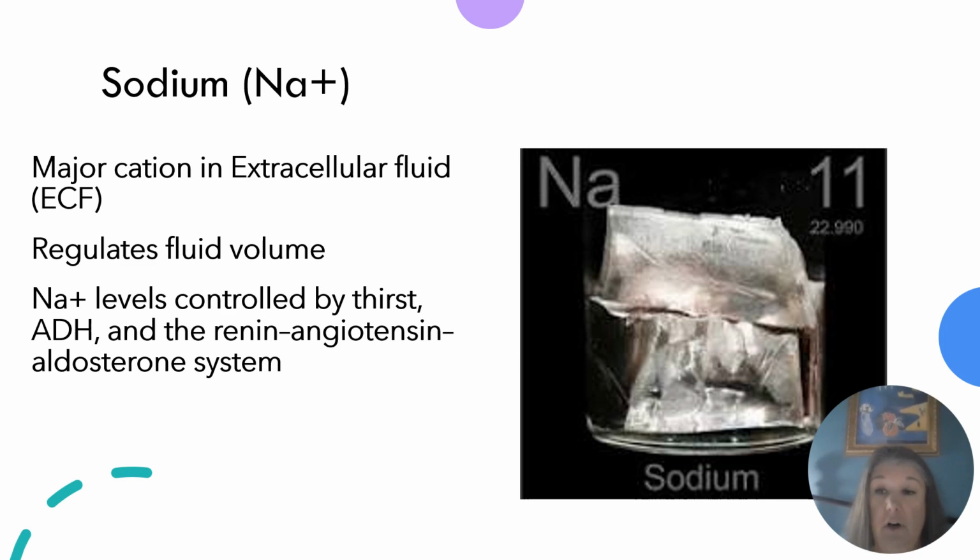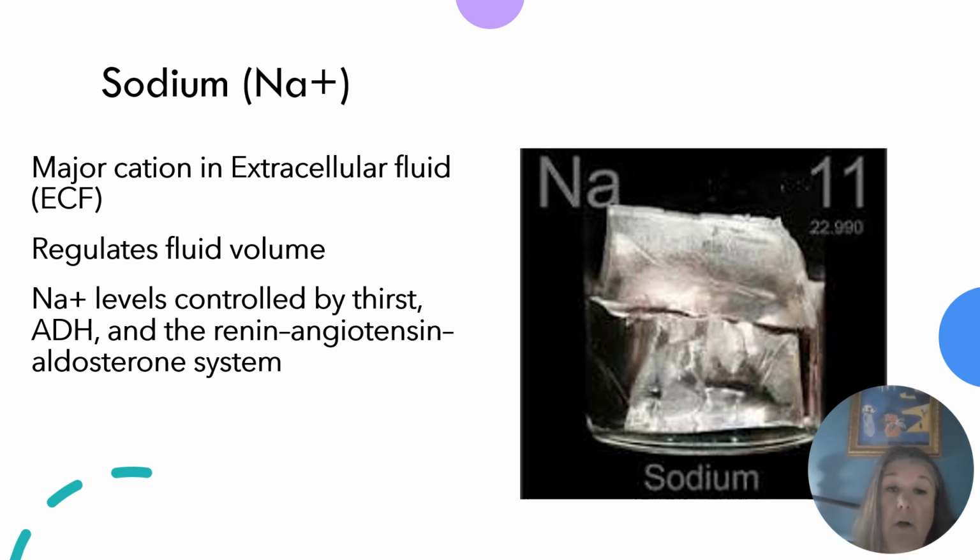All right. So there's two ways to think about it. And in yesterday's lecture, we talked about things being falsely elevated. That's where that comes into play, right? I have the same number of particles potentially, but it's concentrated in less fluid. So it seems like I might have a hypernatremic state.